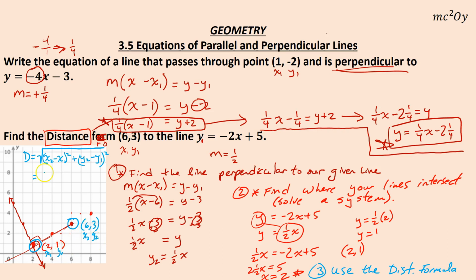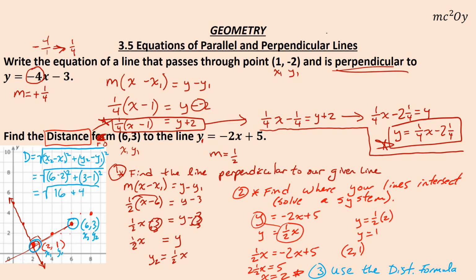Okay, so that would mean I'd have the square root of (6 minus 2) squared plus (3 minus 1) squared, which would give me the square root of 6 minus 2 is 4 squared is 16, plus 3 minus 1 is 2 squared is 4.